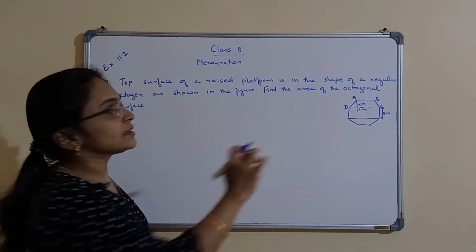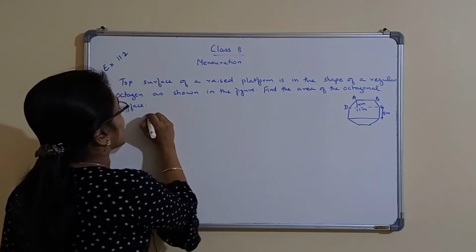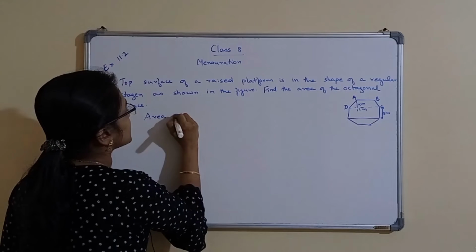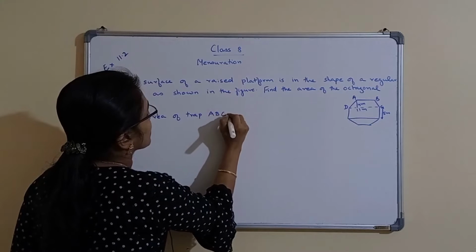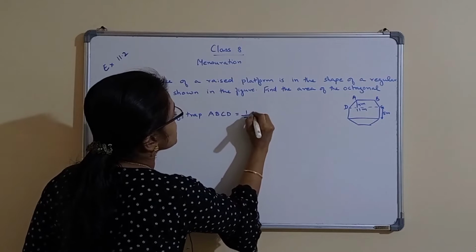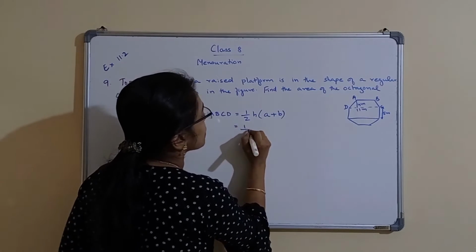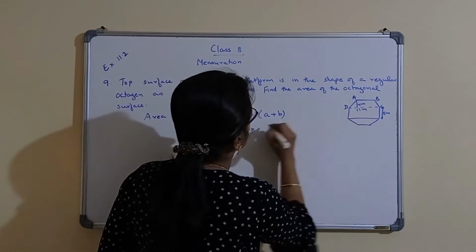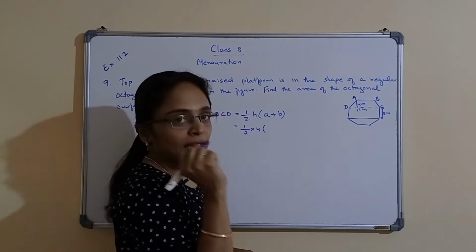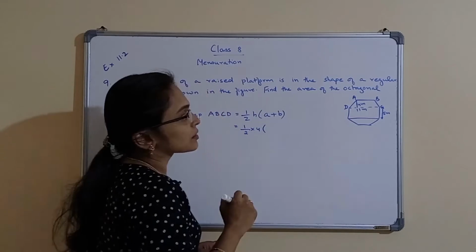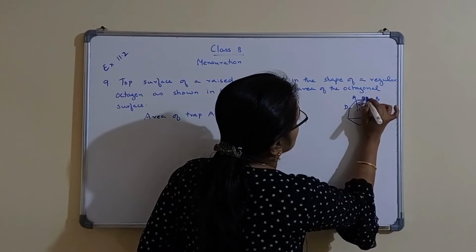So first we'll find the area of this trapezium ABCD. Area of trapezium ABCD is equal to half h into A plus B, and that is equal to half into h is 4, into A plus B, that is given that this is 5 meter.